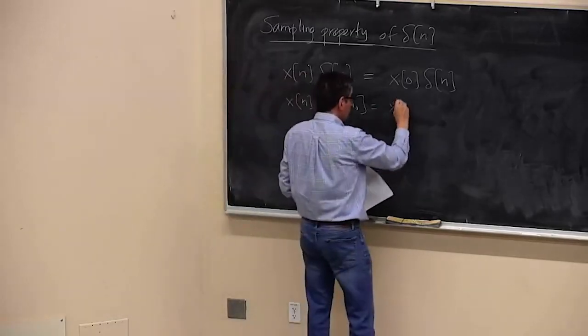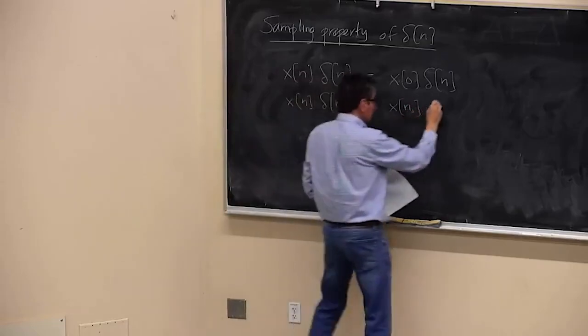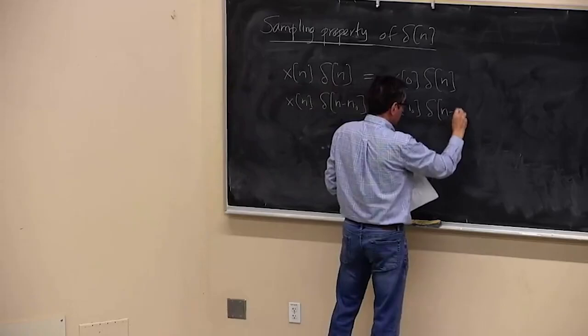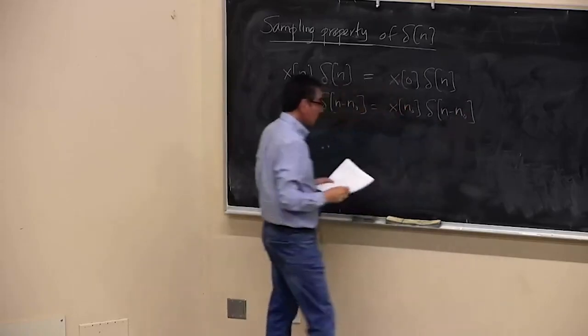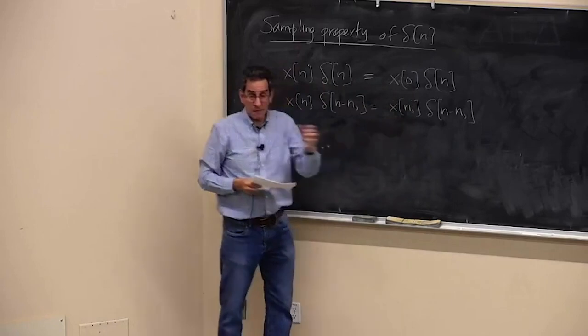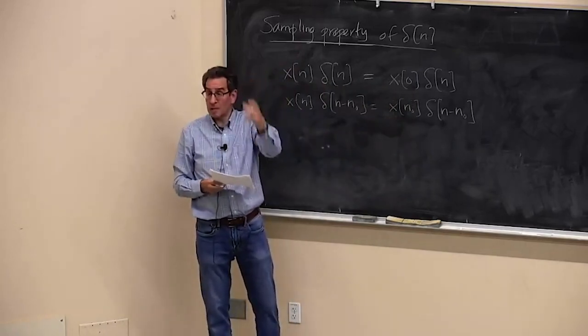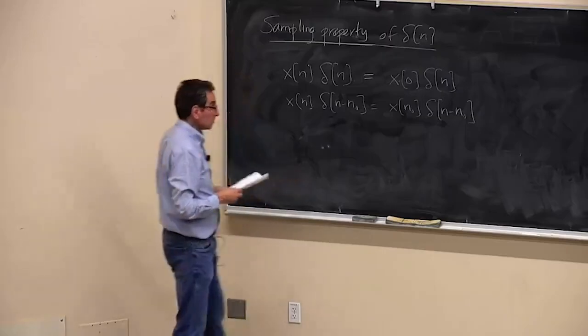So we end up with x of n0 times that time-shifted impulse. This is called the sampling property because it gives you a new signal that just samples a particular value of your original signal.